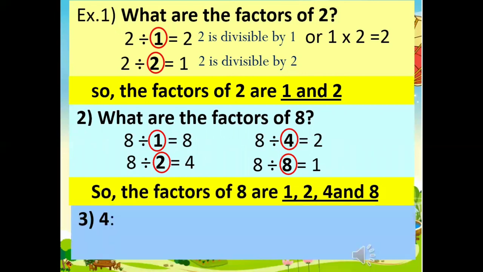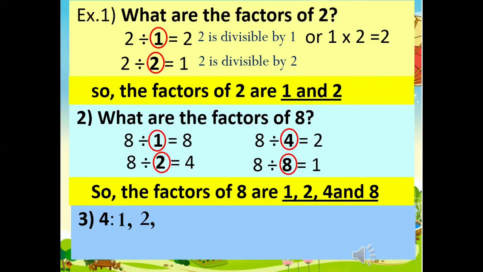Okay, what are the factors of 4? We start with 1, 2, 3. No, 3 is not a factor of 4 because if you divide 4 by 3, it will give an answer with a remainder.